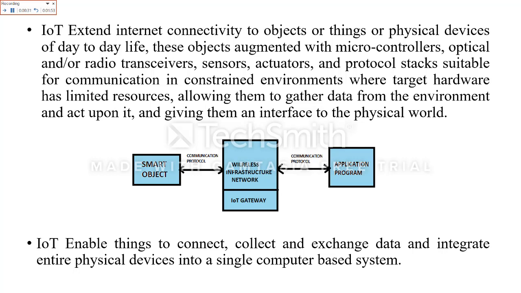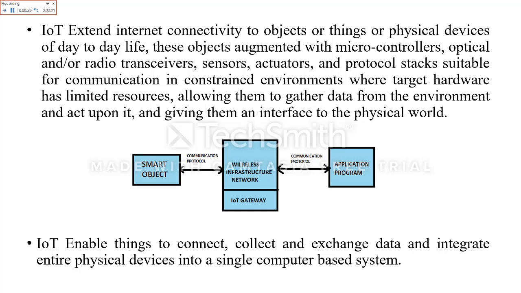These objects are augmented with microcontrollers, optical and radio transceivers, sensors, actuators, and protocol stacks suitable for communication in a constrained environment where target hardware has limited resources, and allow them to gather data from the environment and act upon it, so giving them an interface to the physical world, right?